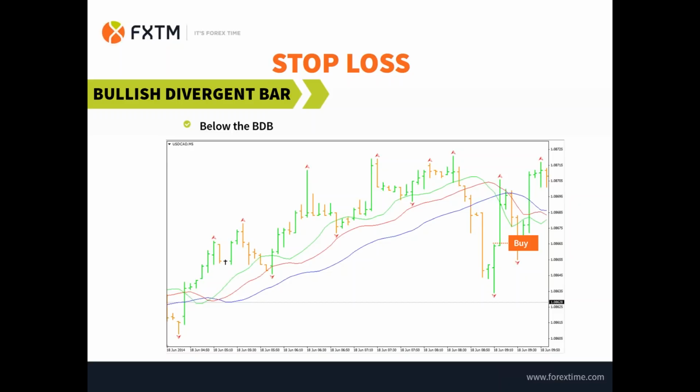Yes, there is, right? So this one qualifies for a bullish divergent bar. So I buy here and I place my stop loss at the low of this bullish divergent bar. Is that good?